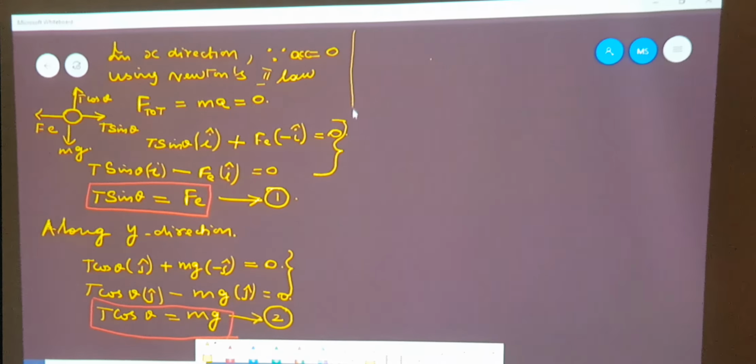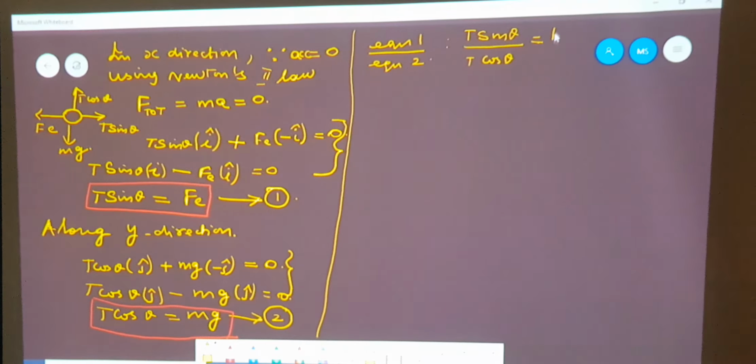Equation 1 is T sin theta, divided by the left hand side of equation 2, T cos theta, equal to Fe divided by m into g. I am taking this as equation number 3.